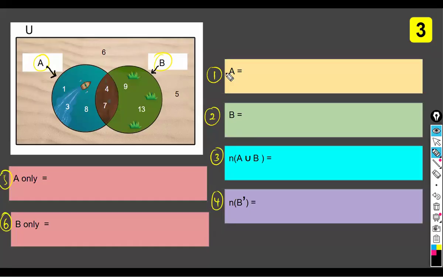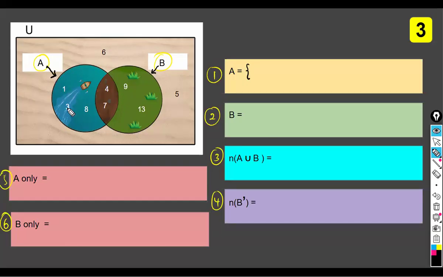So the first one, A, does not have the annoying N on the outside. So they're asking to list all the items in A. A lot of people would say the answer is 1, 3, and 8, but that would be wrong. When you just list it so, and you see the diagram, they want to know who is in A. Who is in this entire circle here?